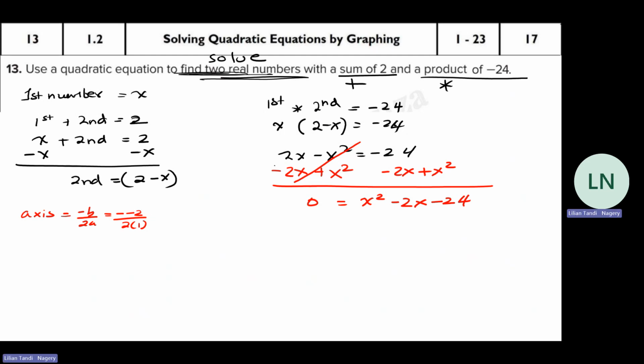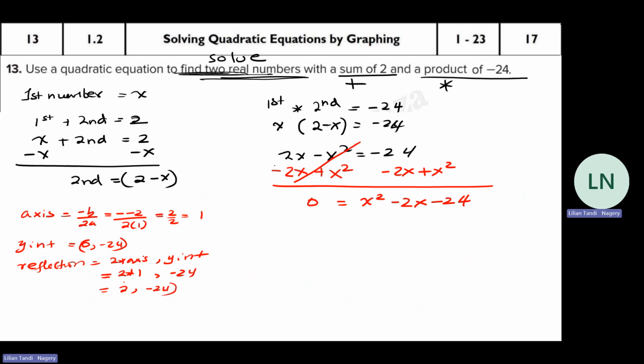And that gave me 2 over 2, which gave me 1. Then my y-intercept is 0, negative 24. Then my reflection, which is 2 times the axis and the y-intercept, so 2 times 1 and negative 24, which is 2 and negative 24.